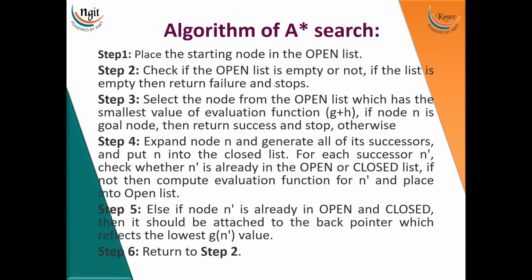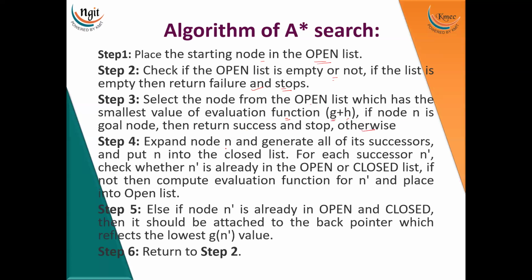It is similar to the earlier greedy best first search. The only difference is the evaluation function. Step 1: place the starting node in the open list. If the open list is empty, return failure and stop. Step 2: select the node from the open list which has the smallest value of the evaluation function, that is, path cost plus heuristic function. If that node is the goal node, return success and stop.